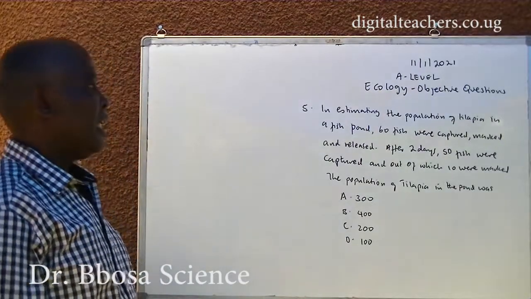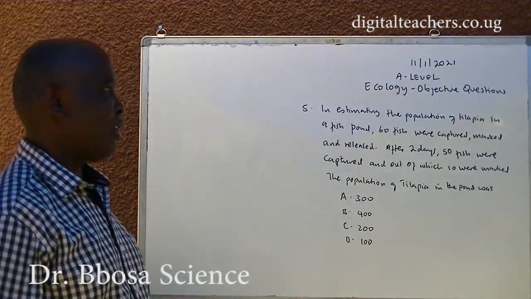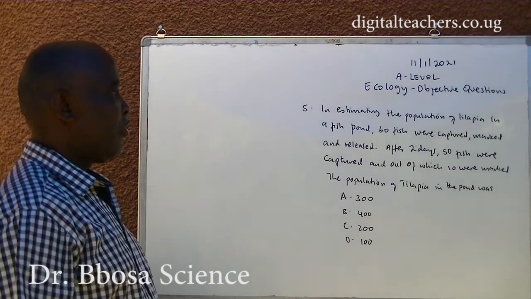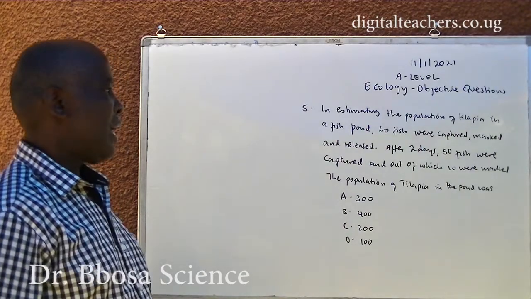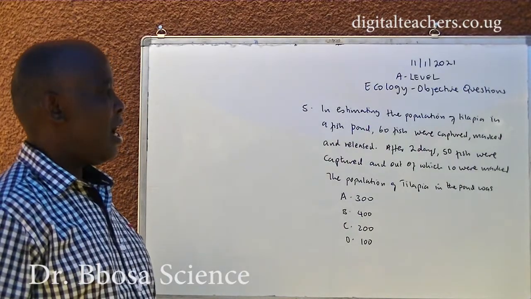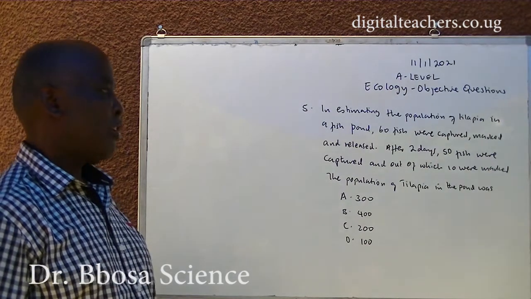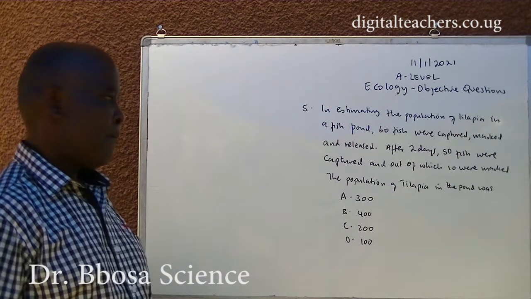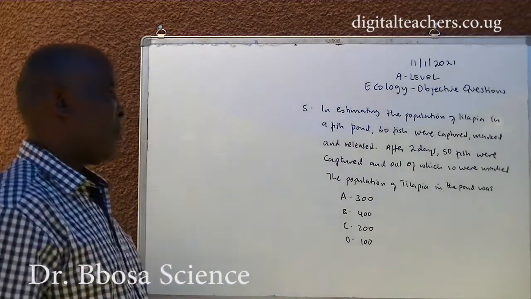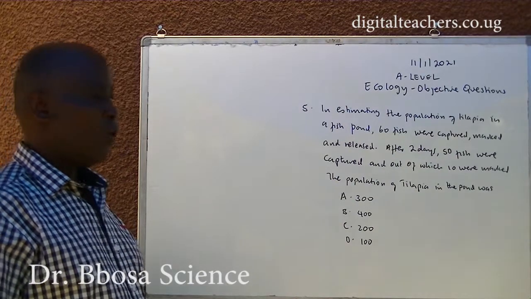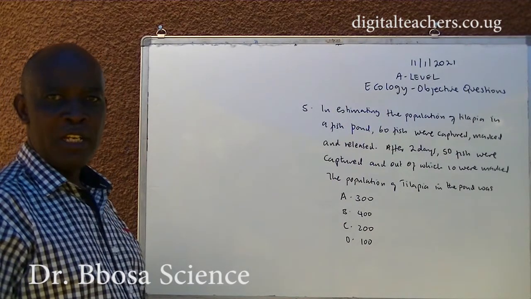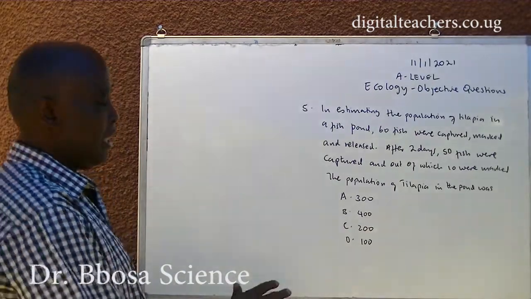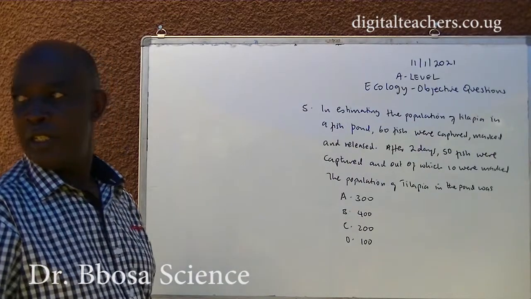Number 5. In estimating the population of tilapia in a fish pond, 60 fish were captured, marked and released. After 2 days, 50 fish were captured, out of which 10 were marked. The population of tilapia in the pond was A. 300, B. 400, C. 200, D. 100.